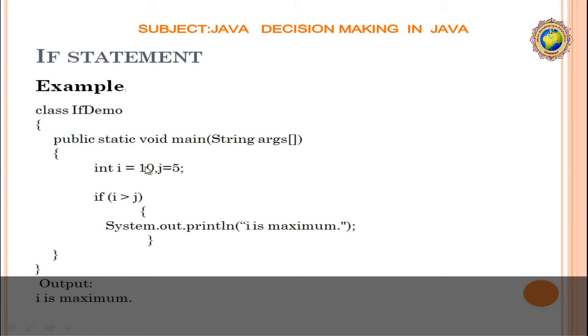So here 10 greater than 5, yes, that is a true condition, right? The condition is fulfilled, so the block of code is executed. So i is maximum will be printed. So our output is i is maximum.